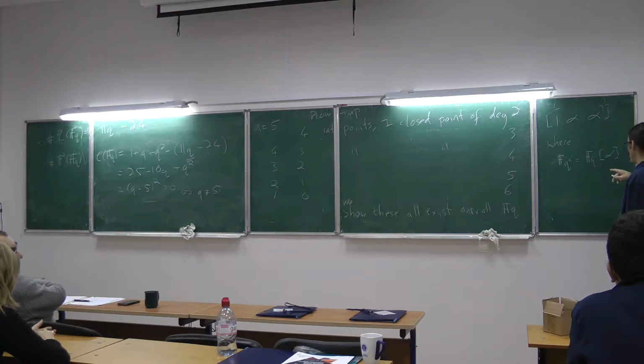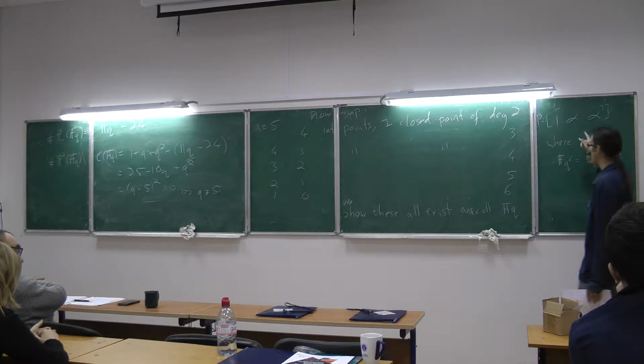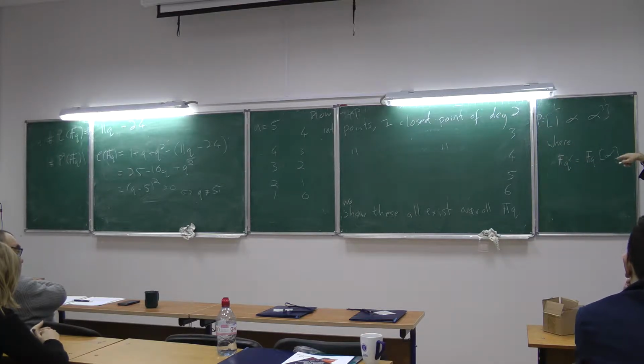So we choose an element. Possibly we need more than that, I think. Basically, we need to make sure alpha gives a normal basis. So you take an explicit good generator, you write down this point, and then you take all the conjugates of it. This gives you a closed point of degree 6.